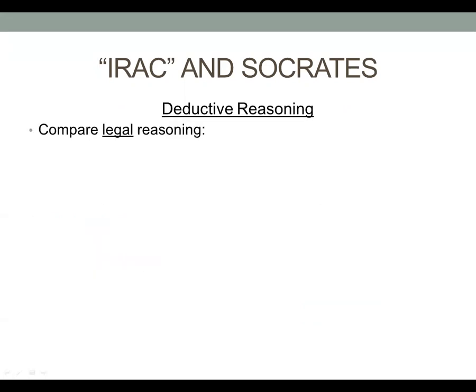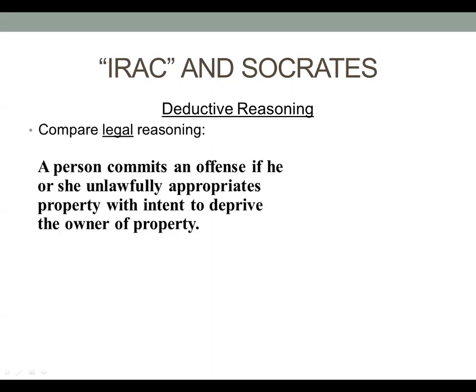Now, let's look at how it compares to legal reasoning. Legal reasoning really does follow this pattern. So here's an example. A person commits an offense if he or she unlawfully appropriates property with intent to deprive the owner of property. Now, just FYI, that is the legal standard for criminal theft in the Texas Penal Code.